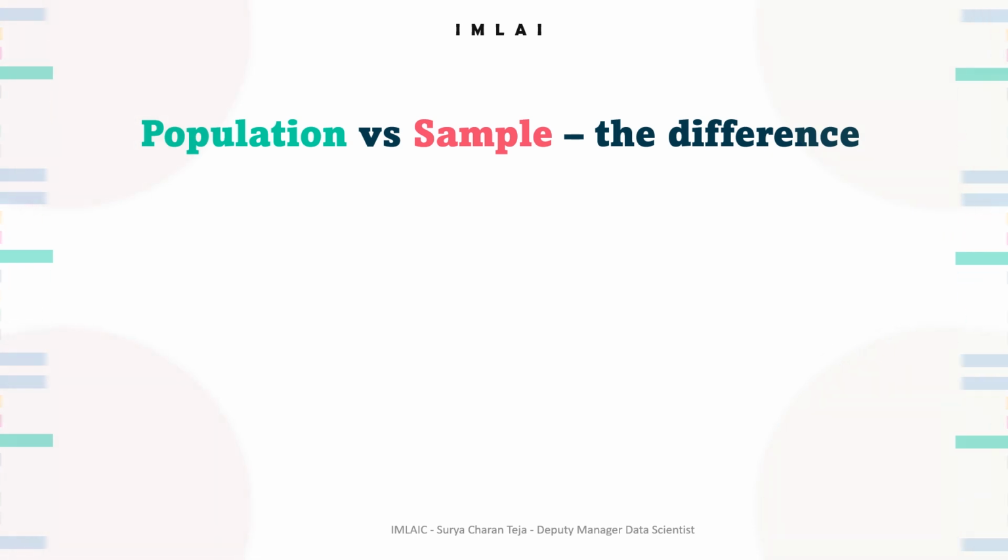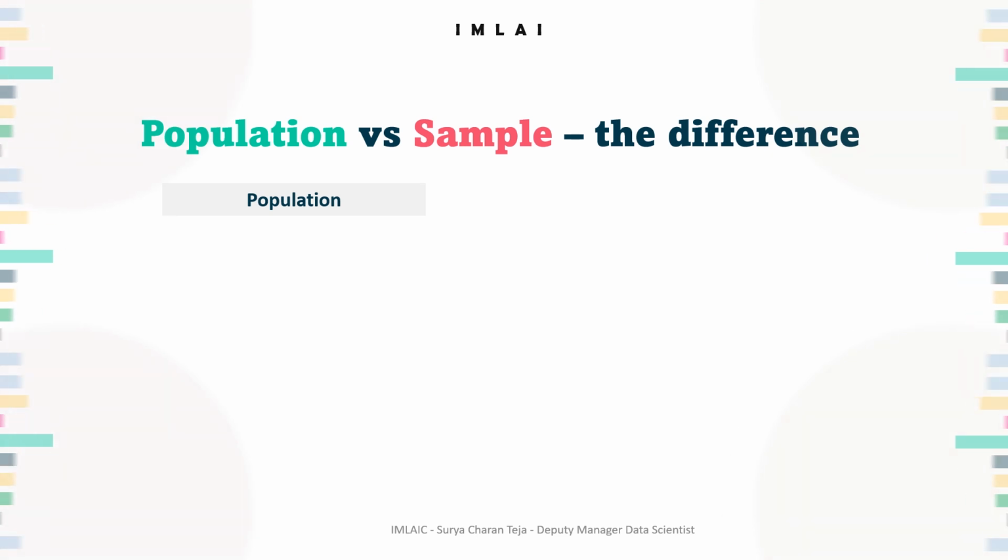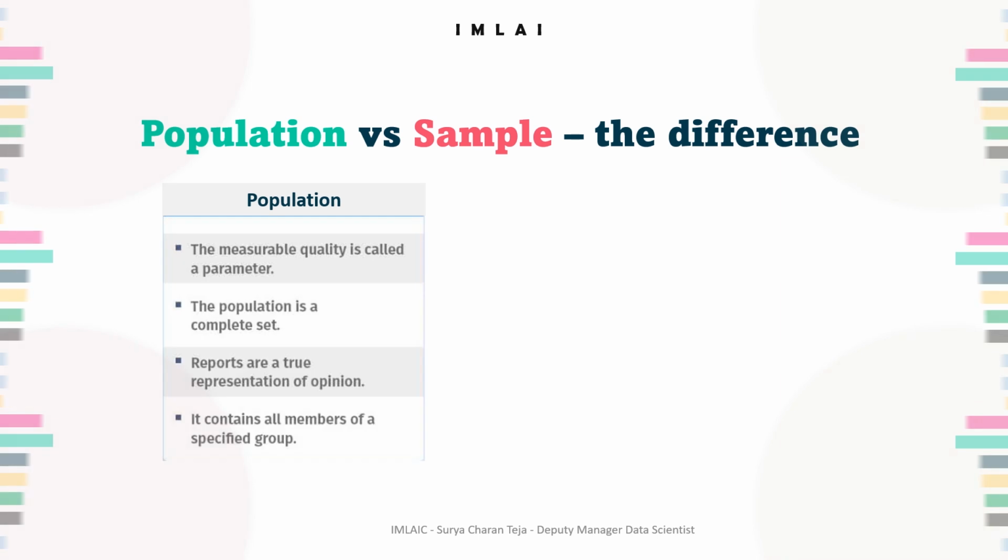So now let's see the difference. What are the major differences between the population and samples? First, let's see population. In a population, the measurable quality or attribute is called a parameter, and the population is a complete set.